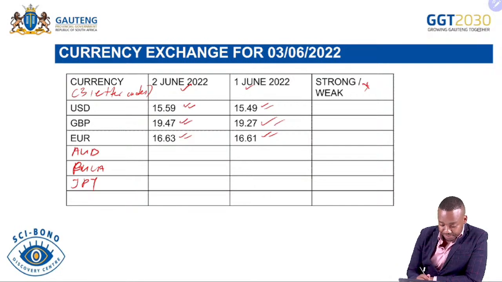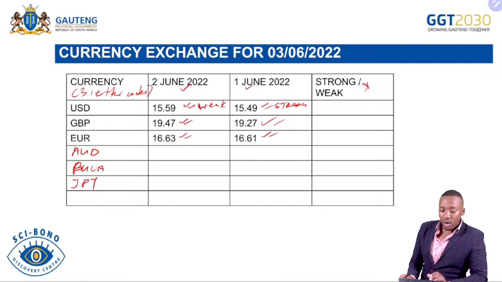So let's check. Just to buy $1 on the 2nd, we are paying 15.59, meaning the dollar is strong compared to us. On the 1st, again, you were paying 15 rand 49 cents. Then on this day, we can say our currency was a bit stronger, because on the second, we're paying more.